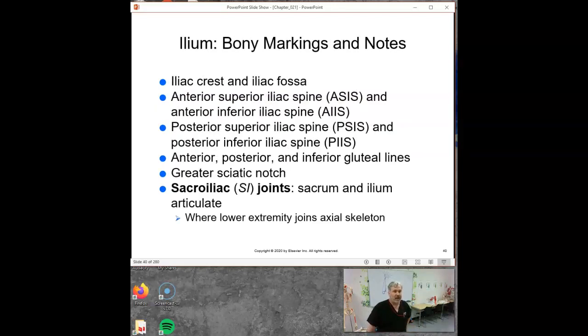We talked about the importance of the sacroiliac joint, right? Miss Estes explained to us that that is where the lower limbs attach to the axial skeletal system. And to add a little more emphasis, that is also the joint that takes all of the weight. I lift up this pen, and it's not too heavy, I admit, but the weight of this has to get distributed through my sacroiliac joint.